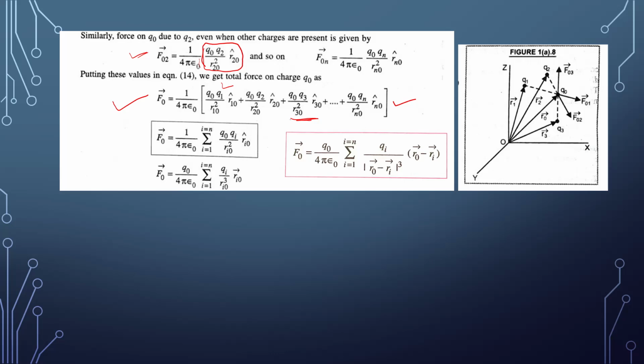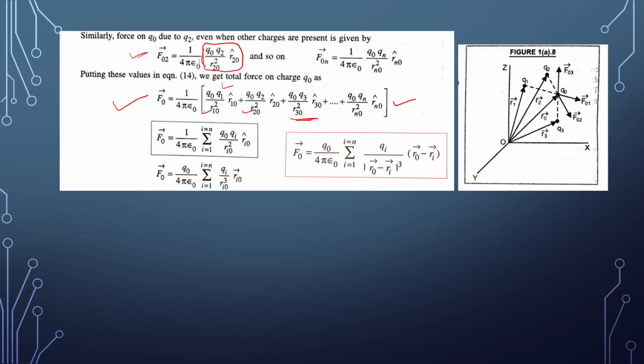So F0 vector, which is equal to 1 upon 4 pi epsilon naught, we can write in the summation form: summation of i equal to 1 to n, Q0 Qi upon Ri0 square into Ri0 cap. When I put i equal to 1, I get the first expression, when I put i equal to 2, I get the next, and so on. So with the summation we have found the combined expression for F0.